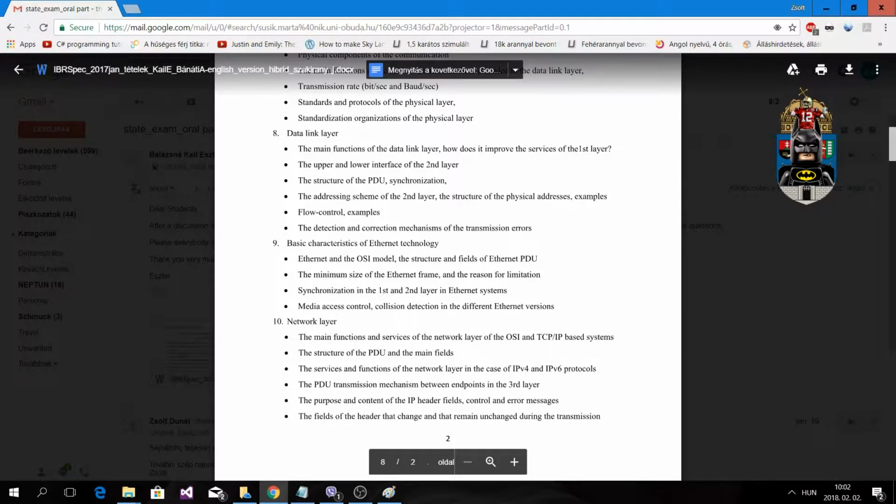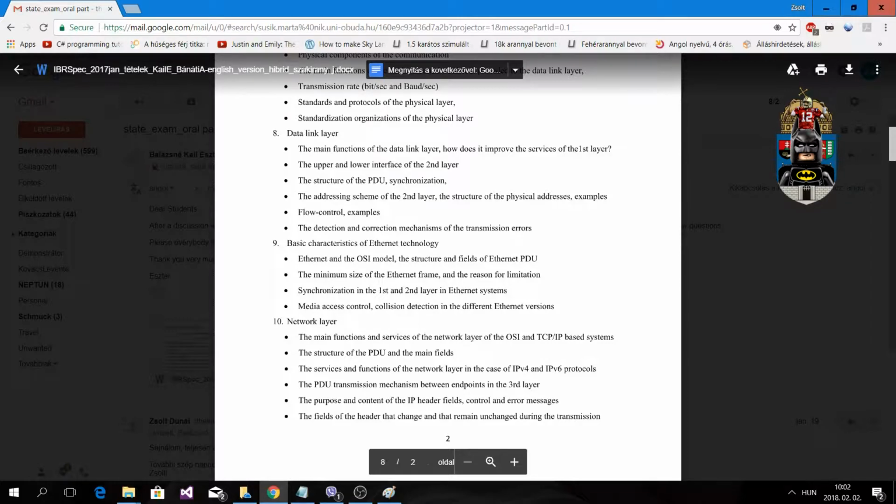The LLC does the encapsulation and de-encapsulation and the error detection. Meanwhile, the MAC layer controls the access to the medium and prepares the medium that the data will be transmitted on.